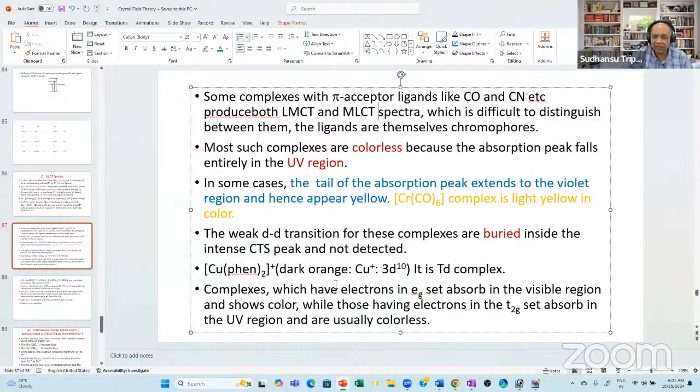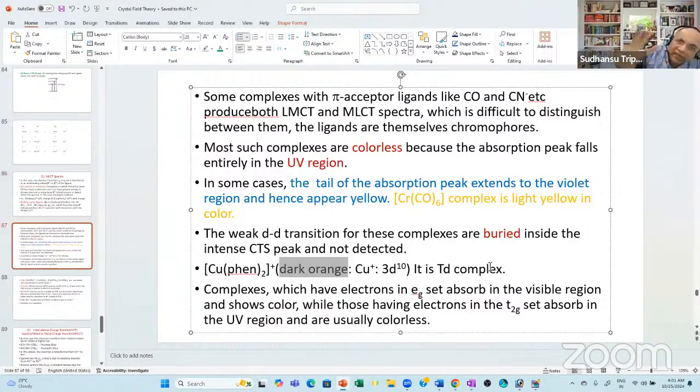This is copper(I), d10 configuration, and it is dark orange. It is a tetrahedral complex, dark orange, d10. This is not due to d-d, it is due to CTS and mostly due to MLCT because there is a pi bond.